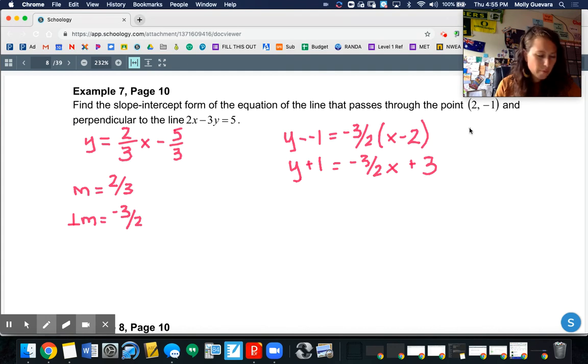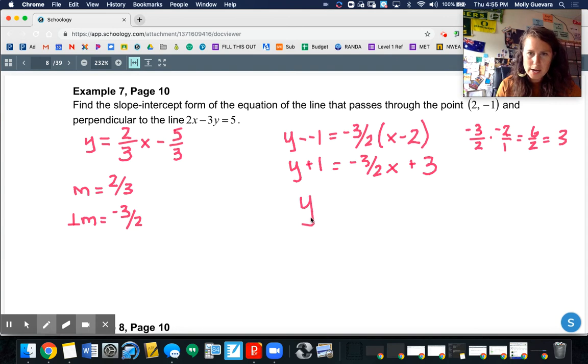If you don't remember how to do that, as a side note, negative 3 over 2 times negative 2, and if I make that a fraction, it becomes over 1. I multiply straight across, so I get positive 6 over 2, which is 3. Okay, and then subtract 1.